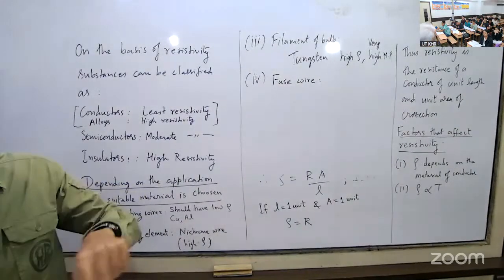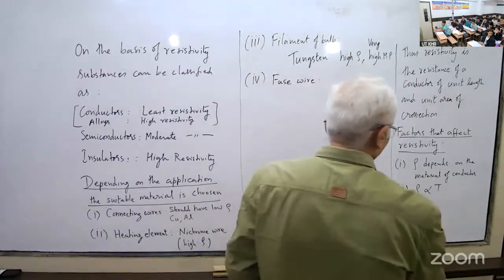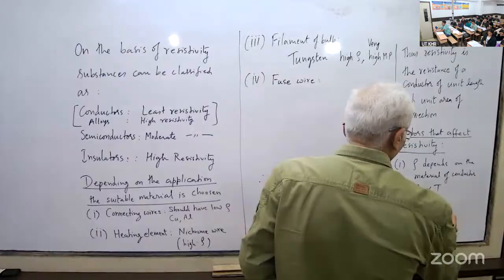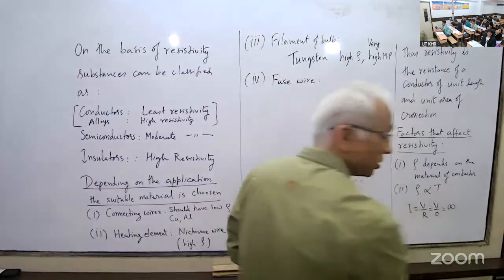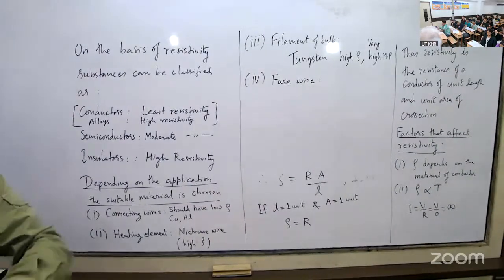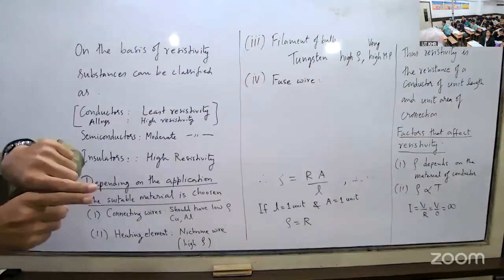So when there is zero resistance, what will be the current? Current is V by R, V by 0. Very high current will flow. Accidental coming in contact of live and neutral is called short circuit.